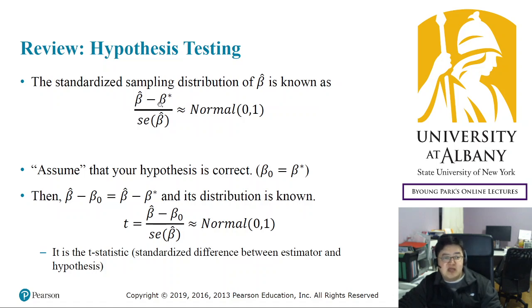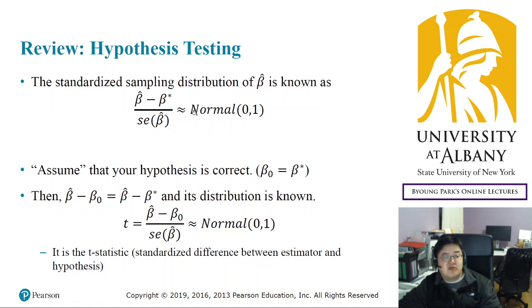And if you standardize the estimation error by the standard error of the estimator, standard error of beta hat, then this standardized estimation error is approximately standard normal distribution, which is really nice. It is implied by the central limit theorem.